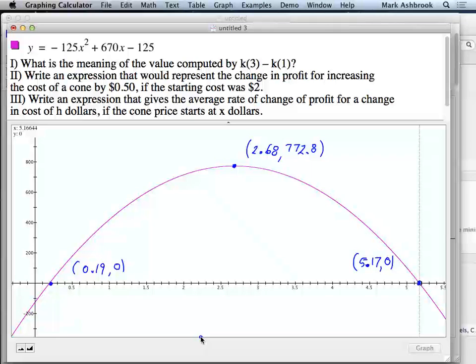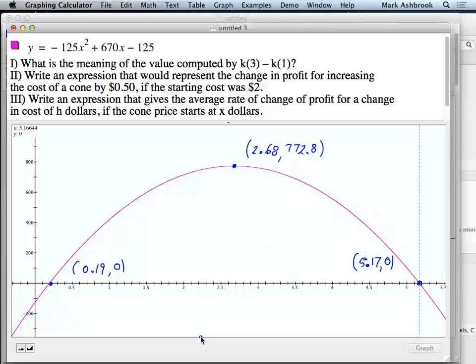I'm going to end up keeping you over, so let's try to get out of here as soon as we can. So how would you find the increase in cost of a cone from the break-even point to the maximum profit? How would you find that increase in cost of a cone?